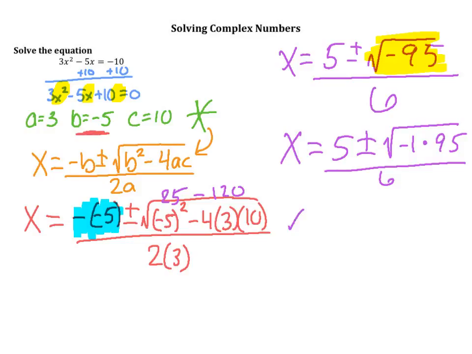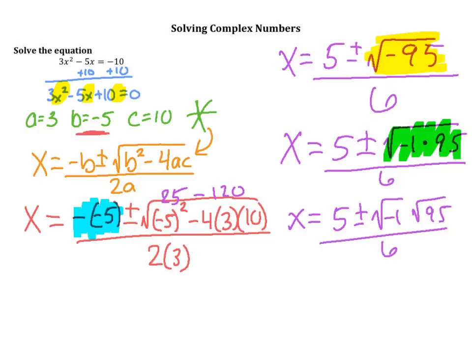When I keep simplifying this, I want you to see that this part underneath the square root can continue being simplified as the square root of -1 times the square root of 95 over 6. And then you should have an aha moment and remember, what does the square root of -1 equal?